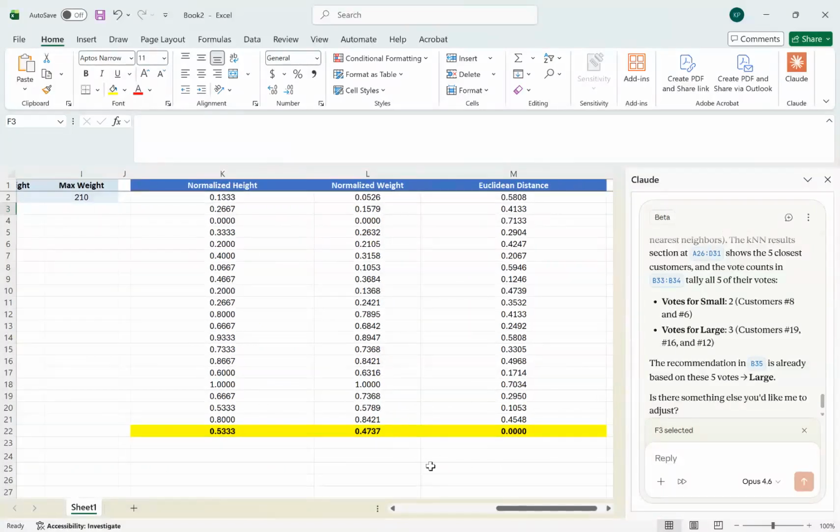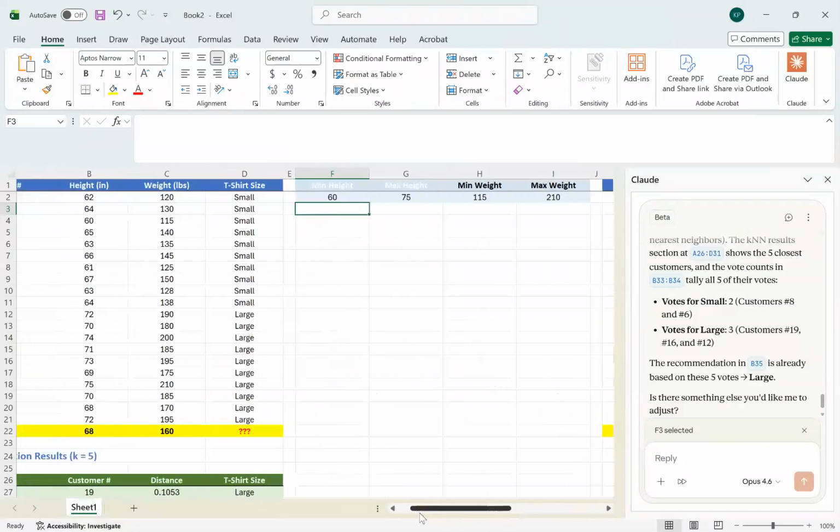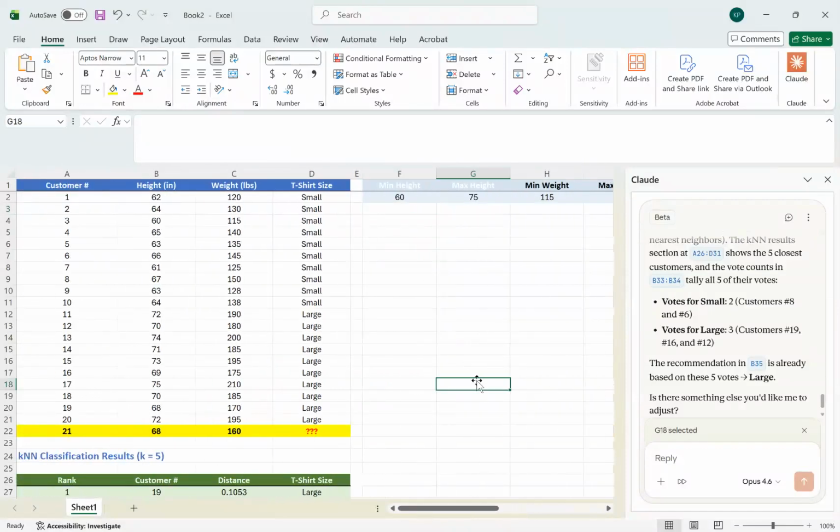You'll get those weird numbers which will throw off our calculations. So there seems to be a disagreement about whether to include this new customer in the minimum and then use it for the normalization. But I prefer this one.